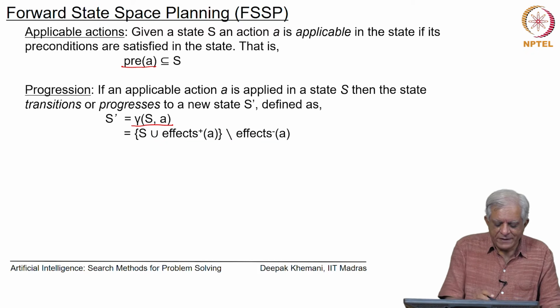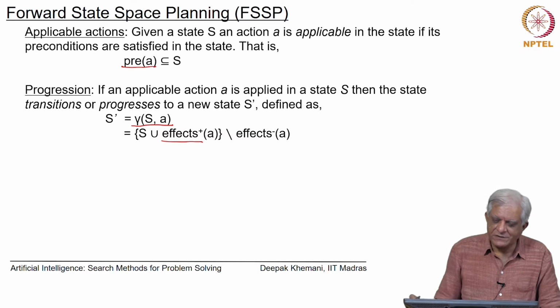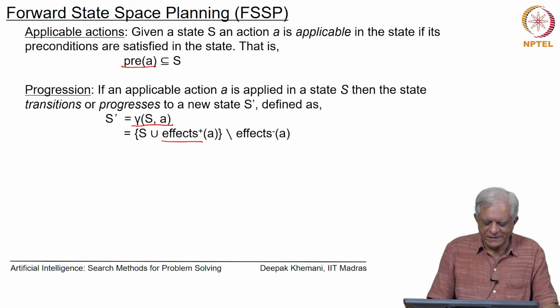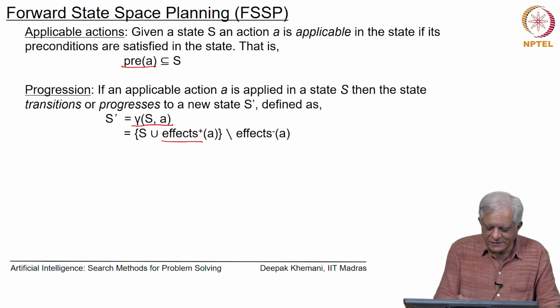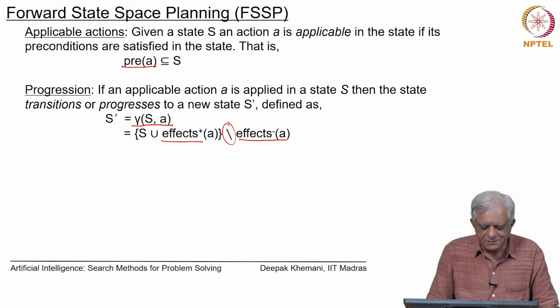You are simply saying that if you are in state S and you are doing an action A, then you will be in a state in which, to the state S, you would add the positive effects of A, which is why STRIPS calls it the add list, and you would remove the negative effects of A from that state. So, this is a set difference operator which is commonly used.